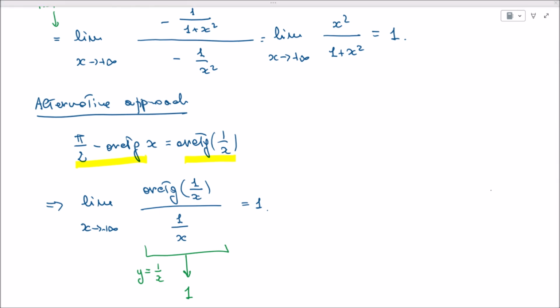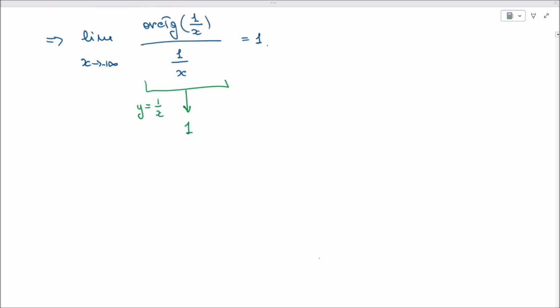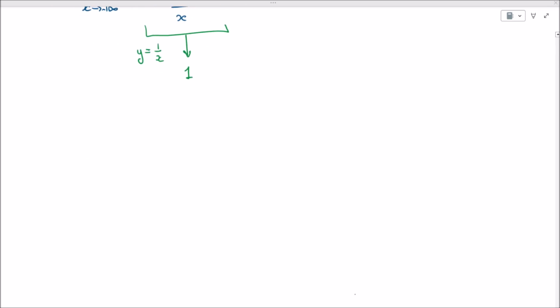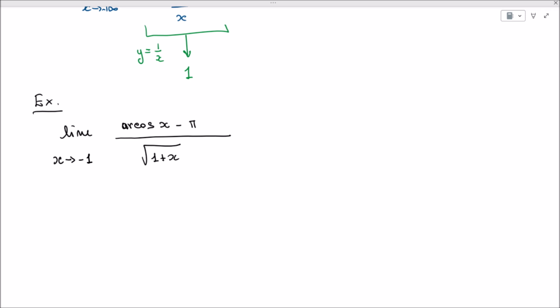Another interesting example is the following. Let's consider this limit: limit of this fraction, arc cosine of x minus pi divided by the square root of 1 plus x, where x goes to minus 1 plus.